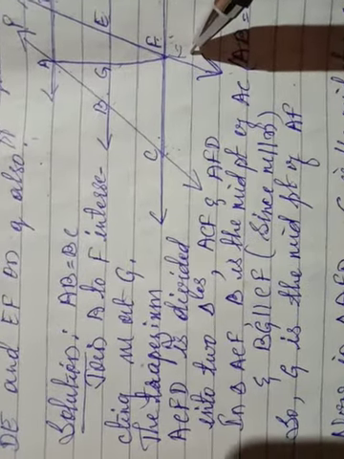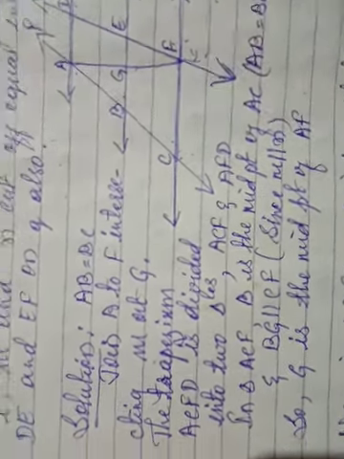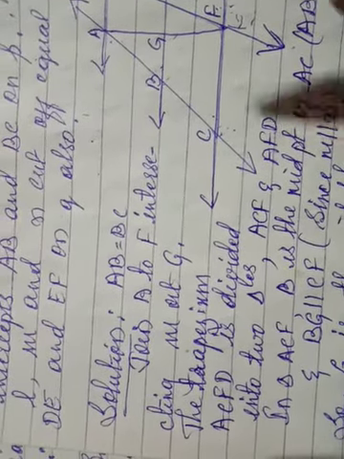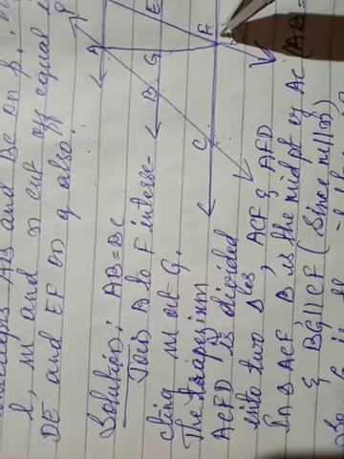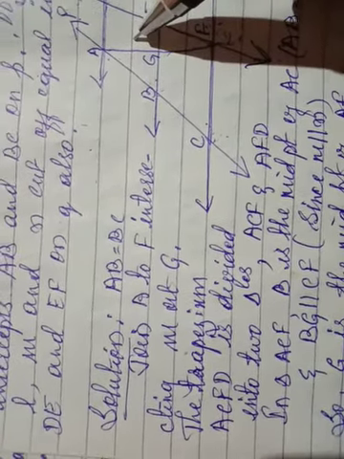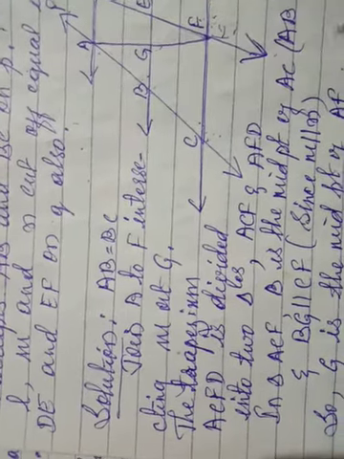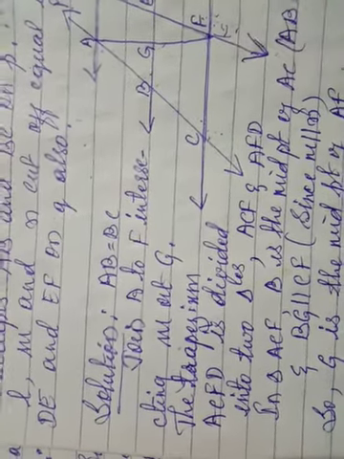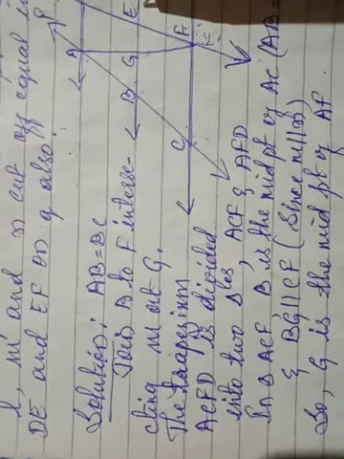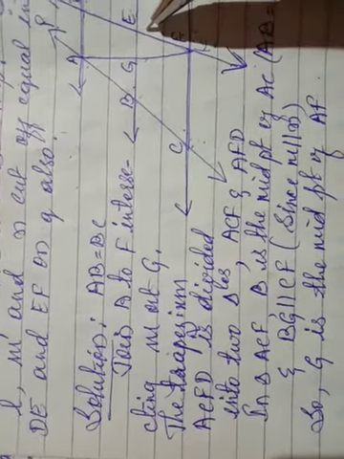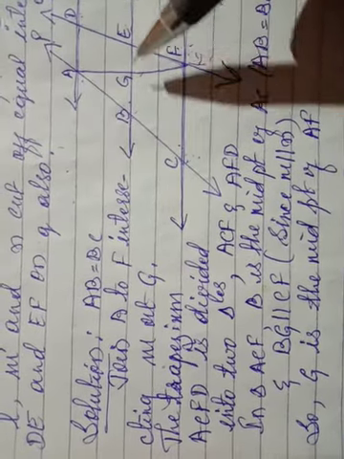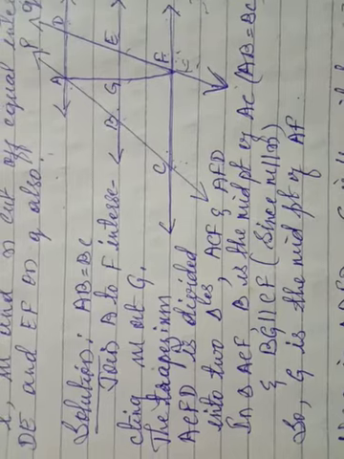Okay. Midpoint of AF. Now, in triangle AFD, G is the midpoint of AF. And GE is parallel to AD. Now, E is the midpoint of DF.